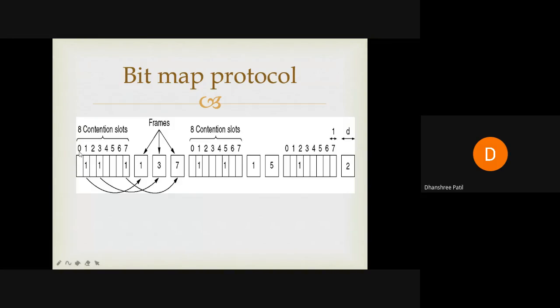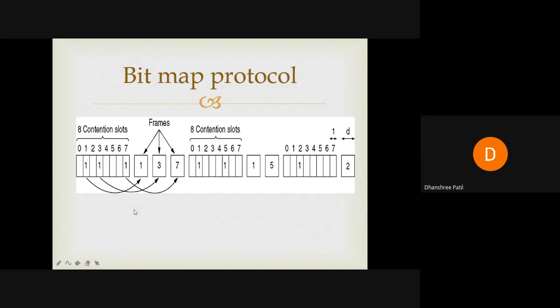Now see here what is meant by the bitmap protocol. Suppose there are 8 contention slots, 0 to 7. Out of these 8 slots, some stations want to send the frame.